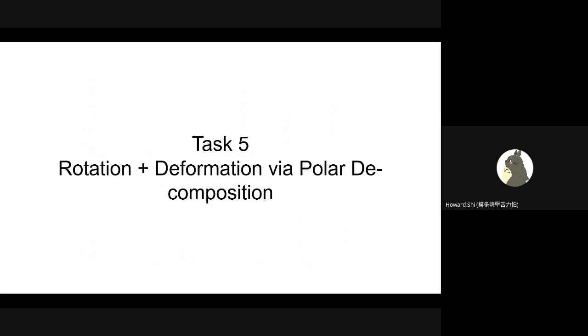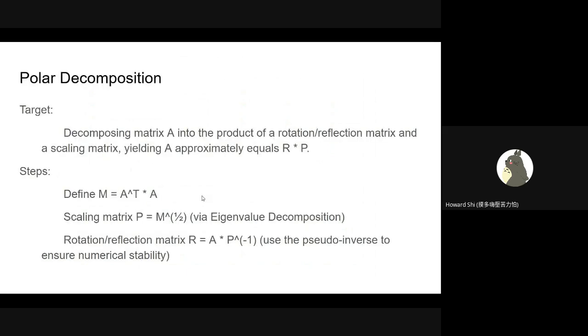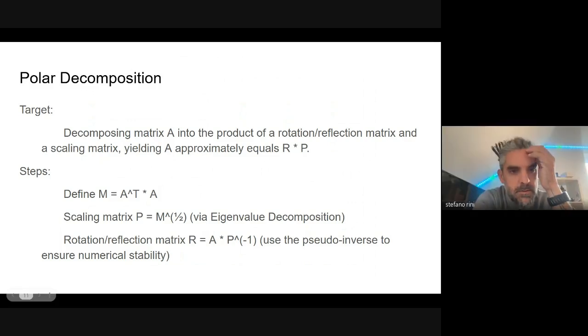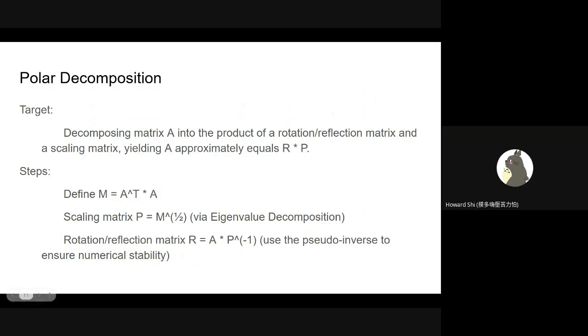So test 5, we are focused on rotation and deformation via polar decomposition. I just watched the previous group's slides and found there's a lot of difference from our result. I'm here to check if I'm doing anything wrong. Look at the numeric properties of M. Across all our test cases, M constantly exhibited strict numerical symmetry.